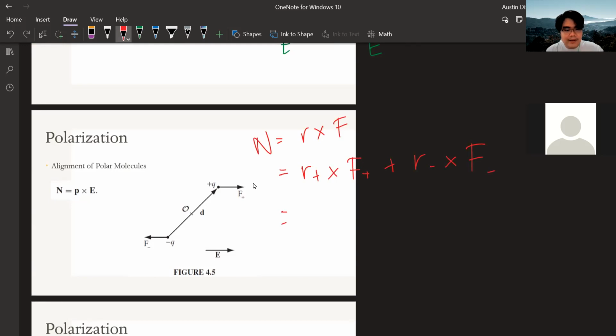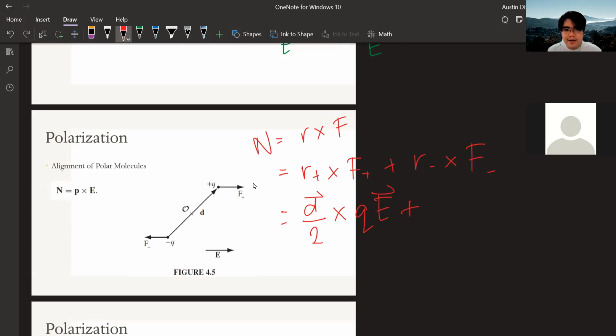The r plus will be just d over 2, cross the F plus, which will be positive qE.